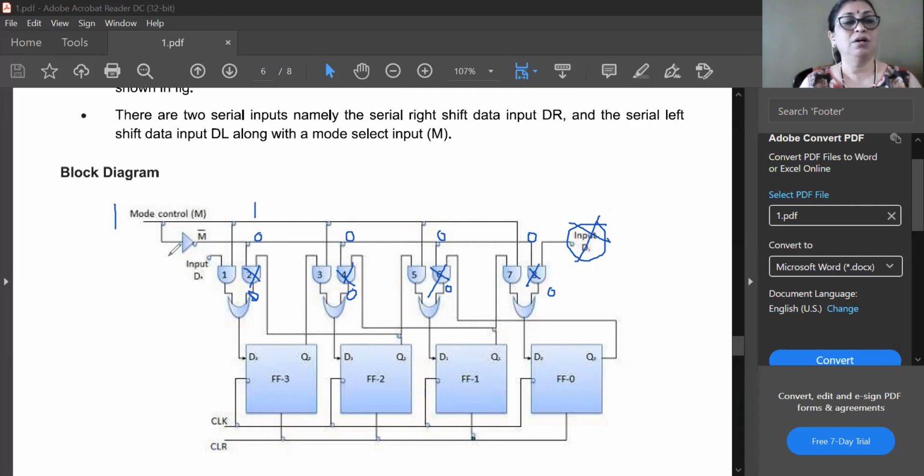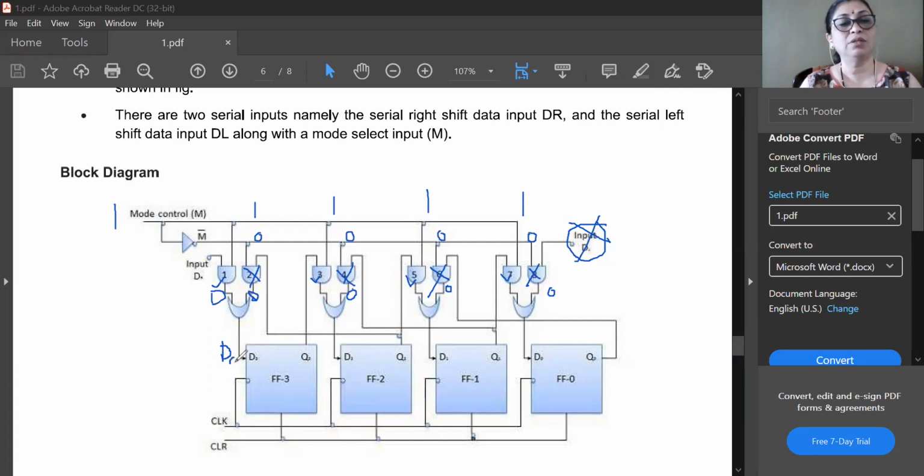As this line is 0 and this line is 1, one of the inputs of AND gates number 1, 3, 5 and 7 is at logic 1. That means AND gates 1, 3, 5 and 7 are enabled. So the D input is available here; 0 plus D, the input is provided here.